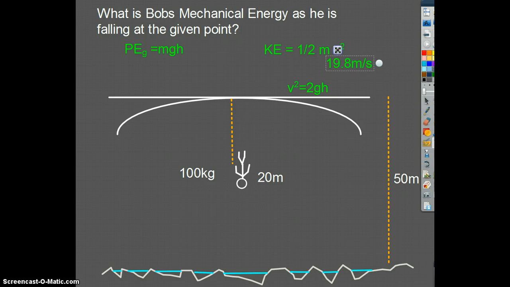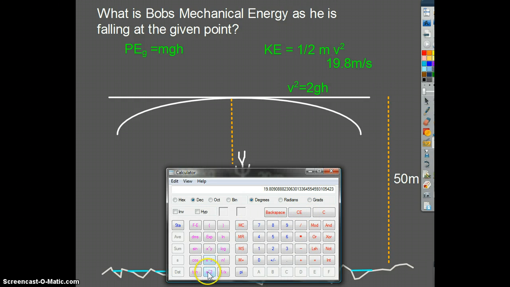Now, let's calculate the kinetic energy together since I have that working here. To do the calculation, I'm going to put in 1/2 times 100 kilograms times the velocity squared. Well, we just had that squared at 392.4. So, on my calculator, 392.4 times 100 times 0.5.